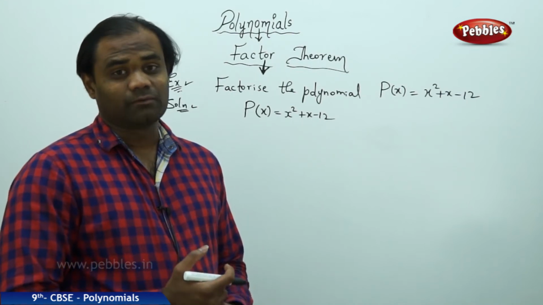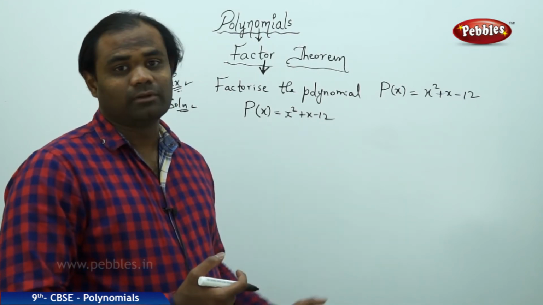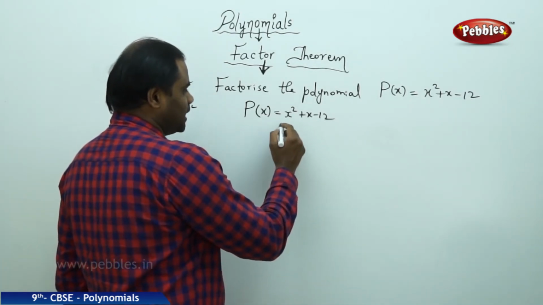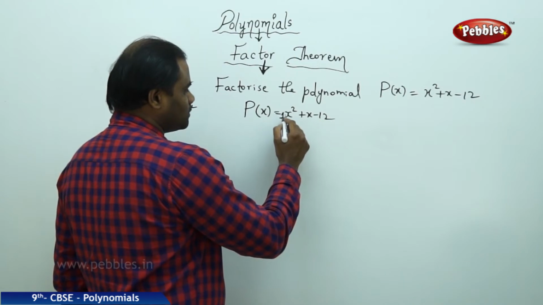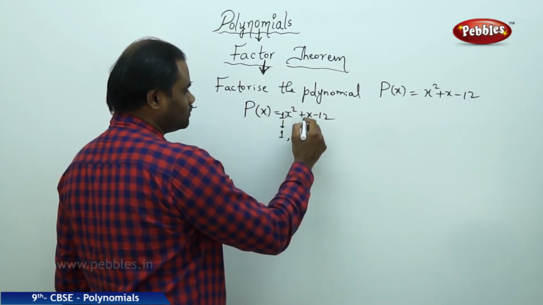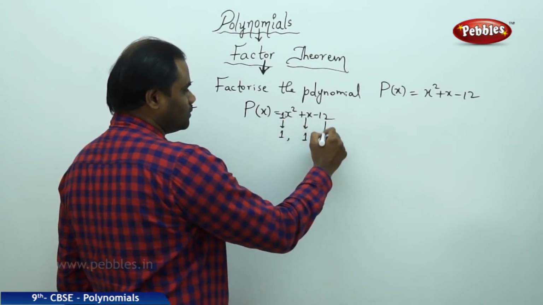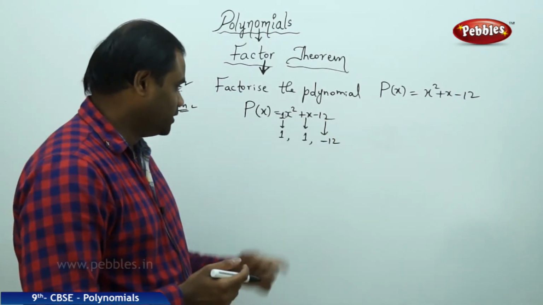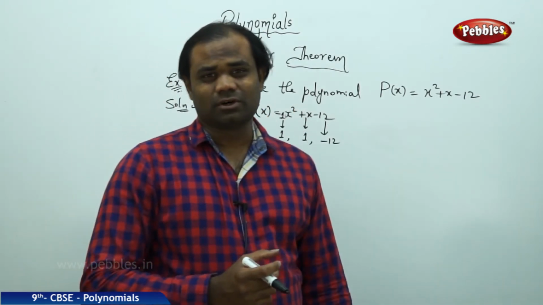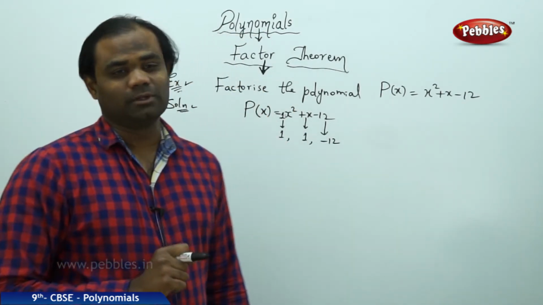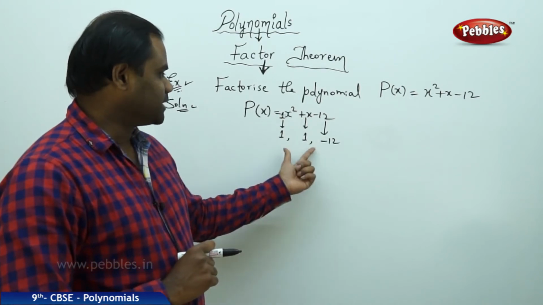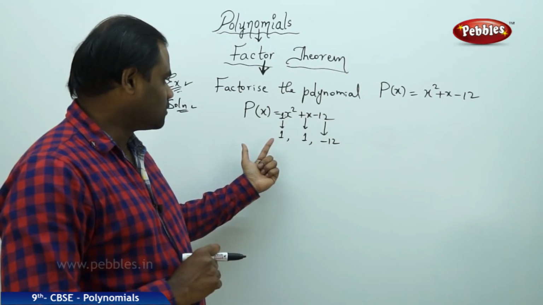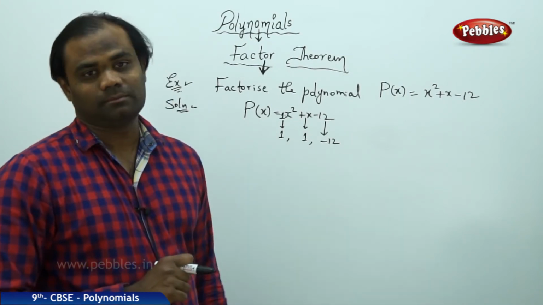Now this quadratic polynomial has its coefficients: 1, 1, and negative 12. So I initially pick all the coefficients or the constants from the given polynomial, and identify that for this polynomial the coefficients are 1, 1 and minus 12.